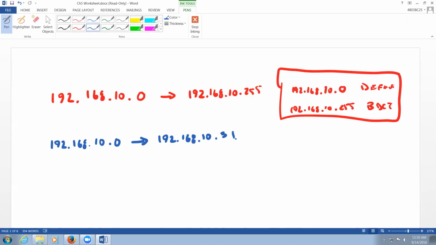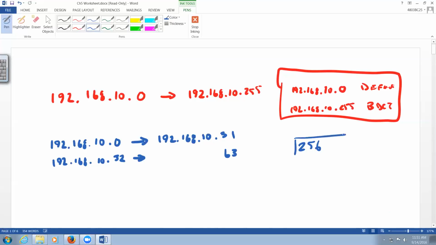Okay, guess what our next subnet is? 192.168.10.32, and that's going to go to 63. Because if we take 256, so we said we had 256 possible addresses, right?